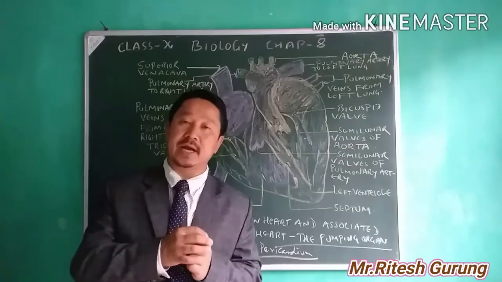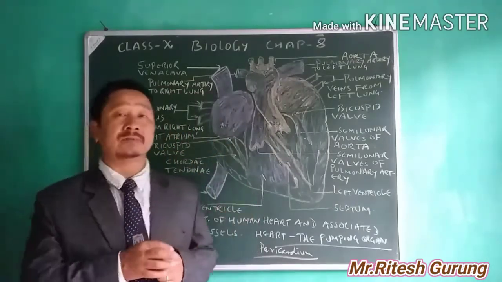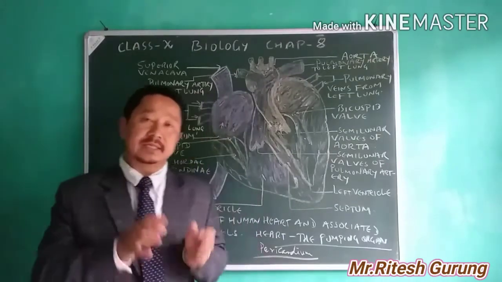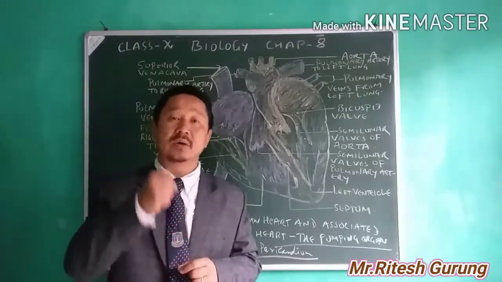The function of this pericardial fluid is also to protect the heart from different kinds of mechanical injuries. And the size of the heart is as big as one's folded fist.